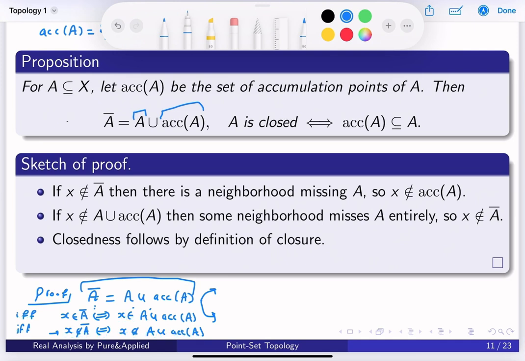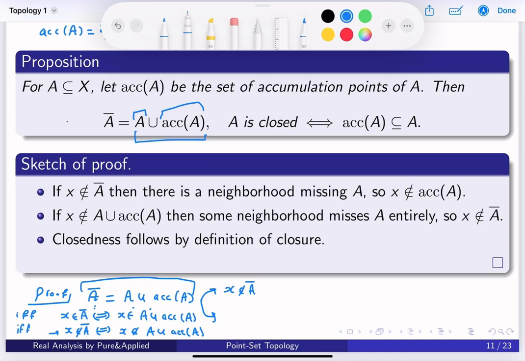Okay, so let's see how to show this. For example, if we start with the left hand side, with X that is not in the closure of A, we want to show that it's not in this union.